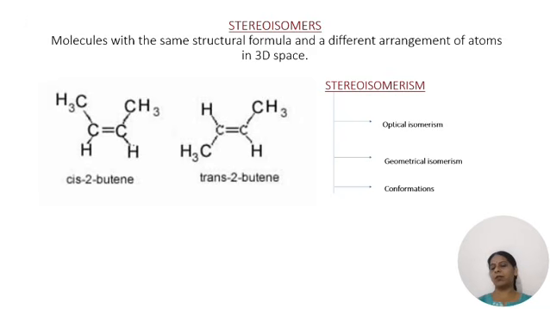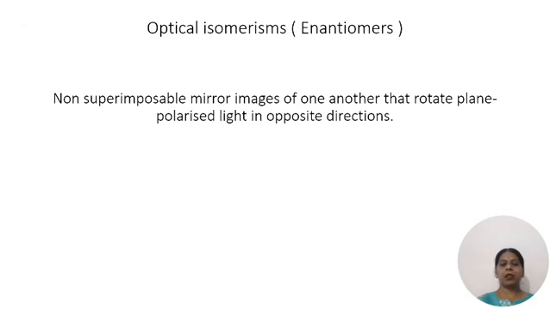Now, the classification of stereoisomerism. Stereoisomerism is classified into three categories: optical isomerism, geometrical isomerism, and conformations. Now, optical isomers are enantiomers, non-superimposable mirror images of one another that rotate plane polarized light in opposite directions. That phenomenon is called optical isomerism, where non-superimposable mirror images are formed, and they rotate plane polarized light in opposite directions.